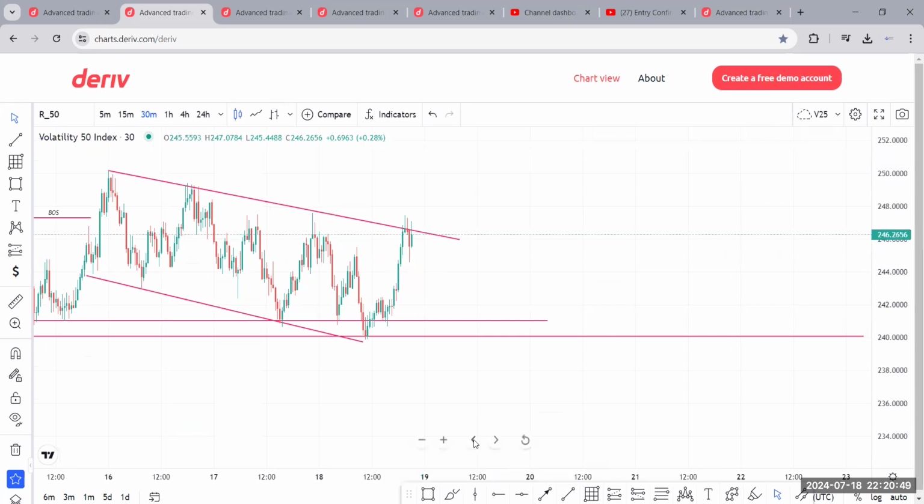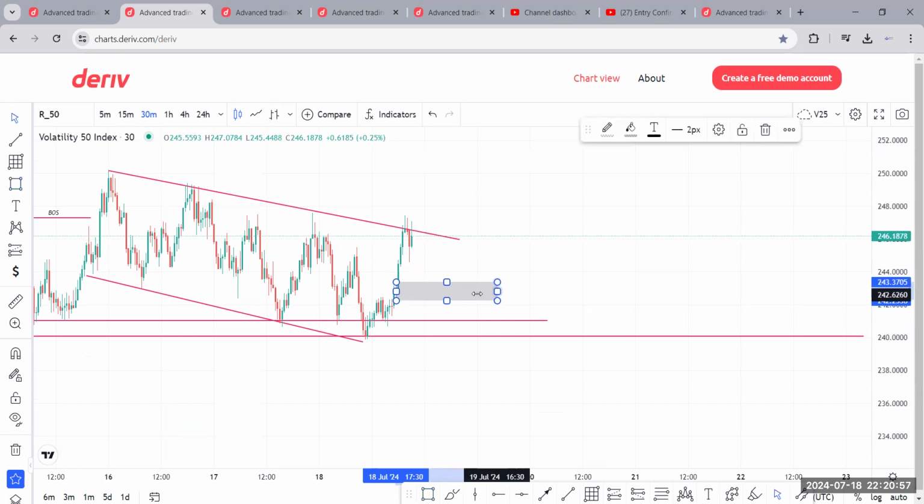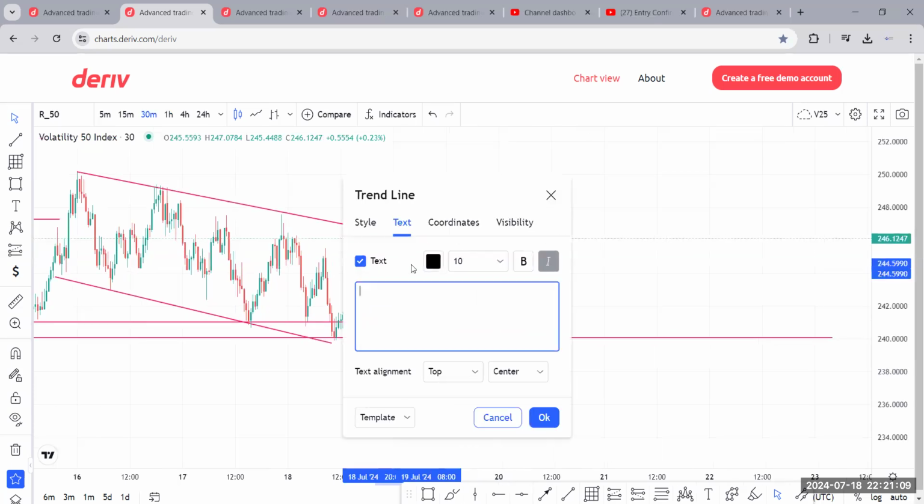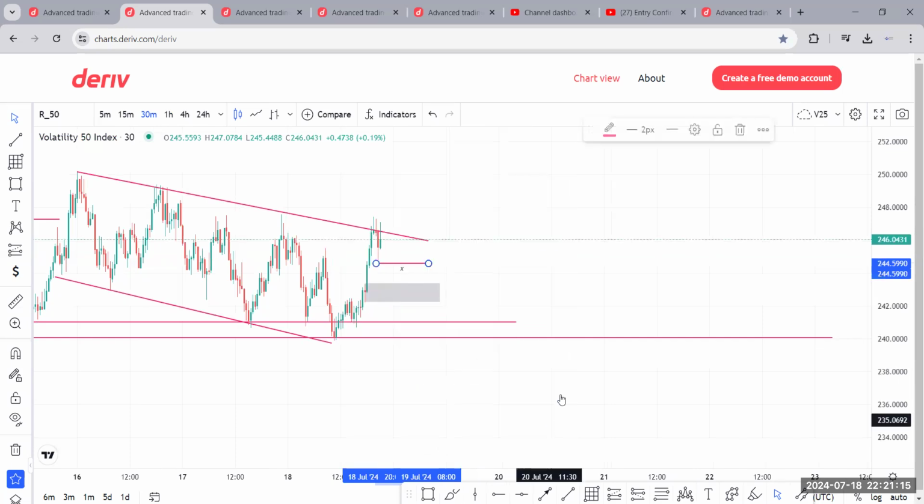Okay, so I would wish if price is to come back down, we have this tiny down close candle here, 30 minutes order block. And we have this wick as our inducement or liquidity.